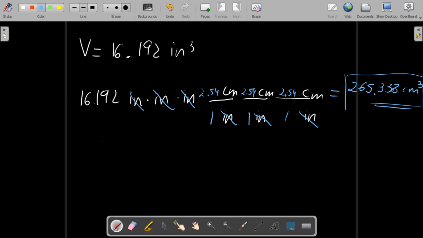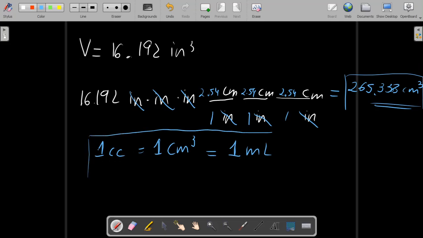What do I know? I know that 1 cubic centimeter, which is the same as 1 cc, you can spell it both ways, is the same as 1 milliliter.